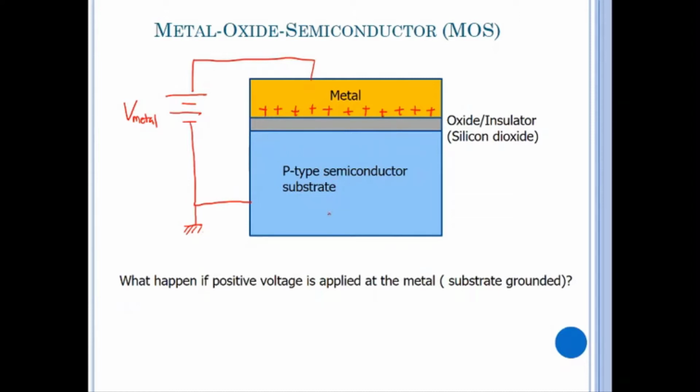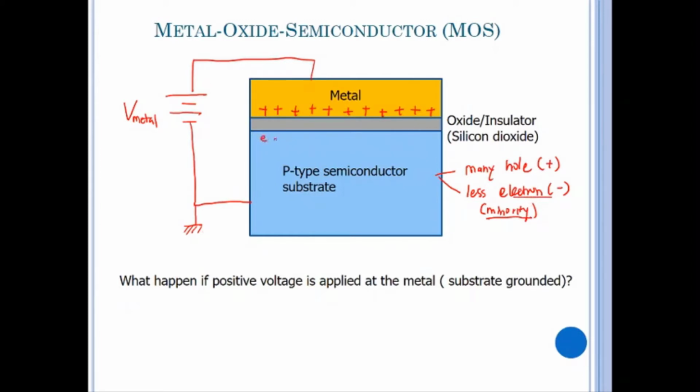We know that the p-type semiconductor substrate has many hole carriers. A hole is a positive charge, and at the same time the p-type substrate has fewer electrons, which are negatively charged particles. So electrons are the minority carrier of the p-type substrate. Now if we apply a positive voltage at the metal, these minority electron carriers will be attracted towards the insulator.